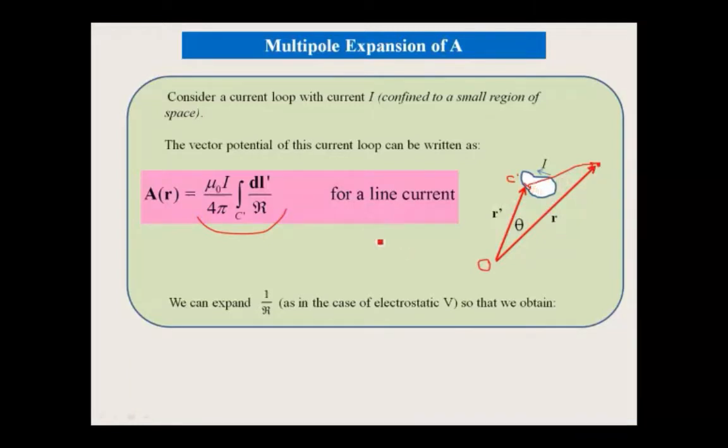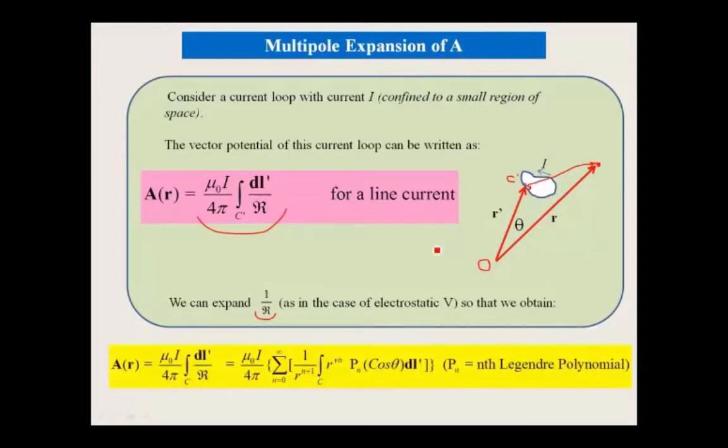And so that's basically giving us the distance from this little element here. In the case of electrostatics, what we did was we expanded 1 over funny R. And so we had an expansion which we can then use term by term to look at the various terms. When we do that for the vector potential, we get this expression here. So here's our vector potential. We're expanding 1 over R. We have the coefficient here, and then we can bring out a factor of 1 over R to the n plus 1.